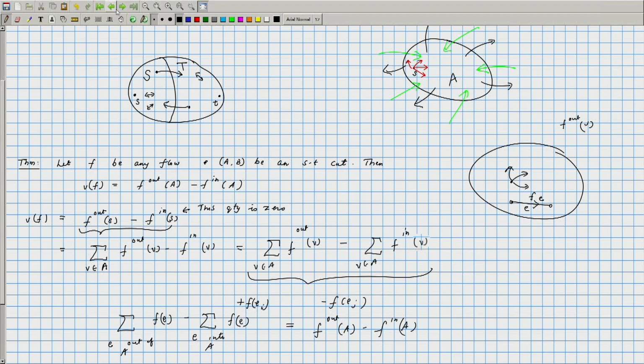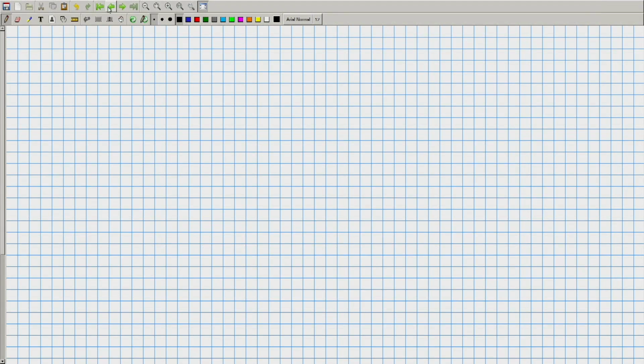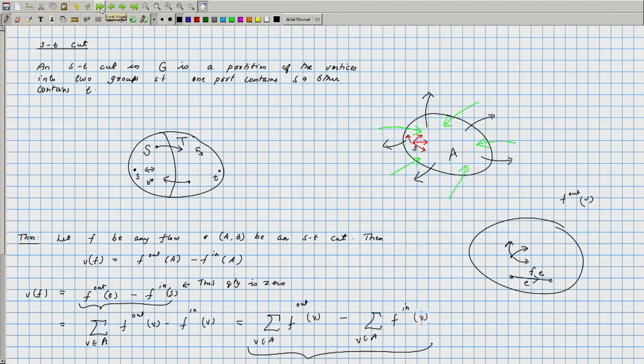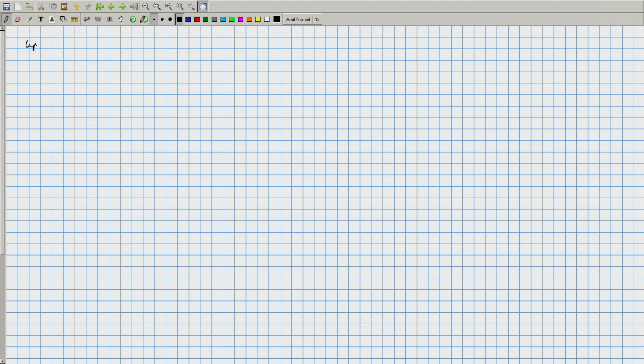From this we can say that the maximum value of any flow is bounded by the positive quantity in this term. So, we can get an upper bound on the flow.